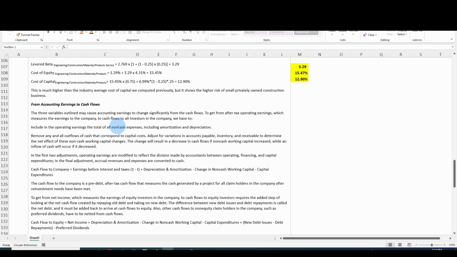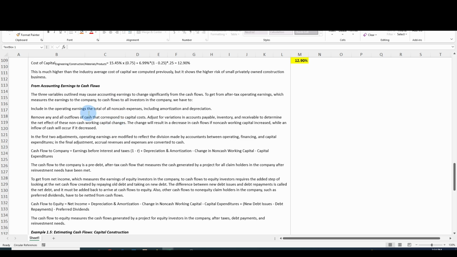From accounting earnings to cash flow, the three variables outlined may cause accounting earnings to change significantly from the cash flow. To get from after-tax operating earnings, which measures the earnings to the company, to cash flow to all investors in the company, we have to include in the operating earnings the total of all non-cash expenses, including amortization and depreciation, to remove any and all outflows of cash that correspond to capital cost.